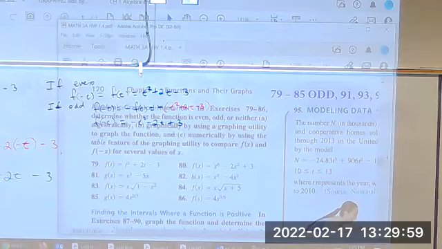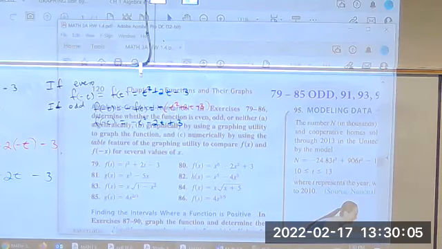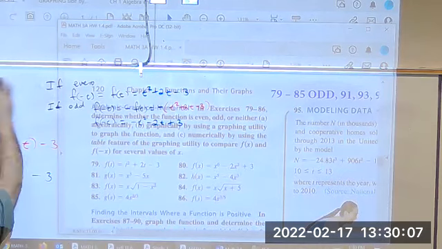Which one? 85. So 4 times s to the 2/3. I hate when they use s as a variable, because if you're not really clear about it, s is a white box.